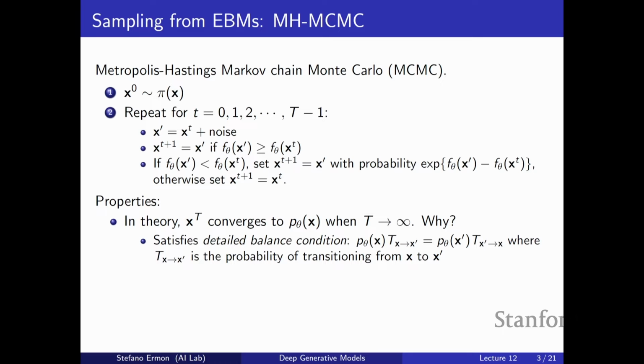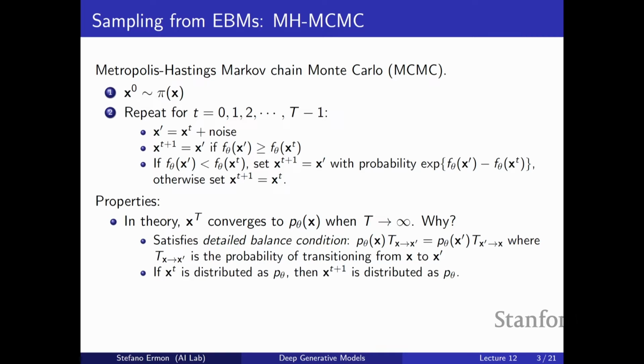You can see that this is true because either x or x prime is going to have higher probability. Let's say x prime has higher probability than x. Then the transition from x to x prime has probability 1, and the probability of going from x prime to x is exactly the ratio of p theta of x over p theta of x prime, which is the probability with which we accept a downhill move.